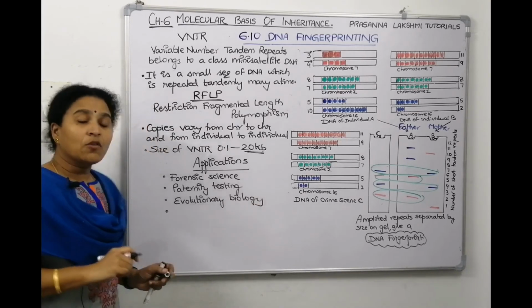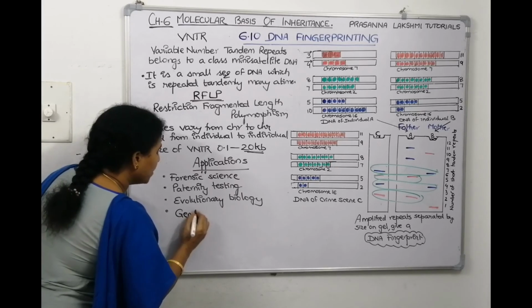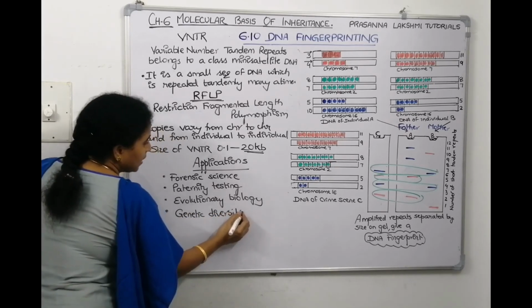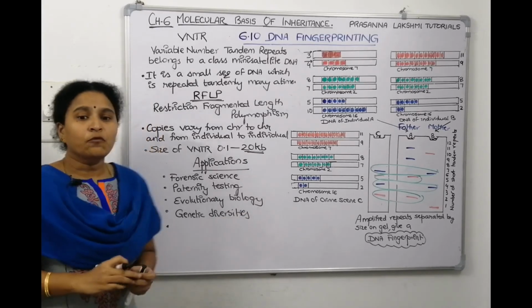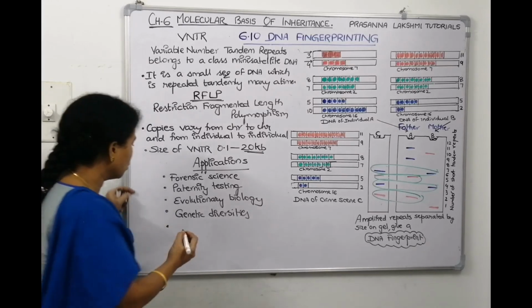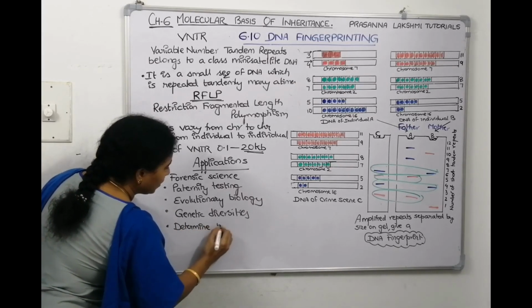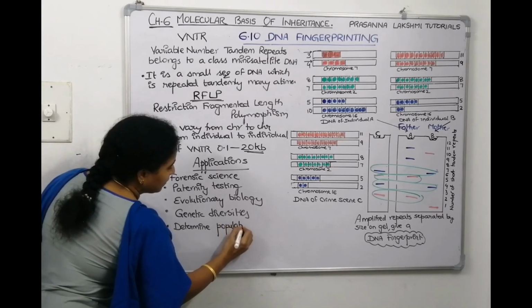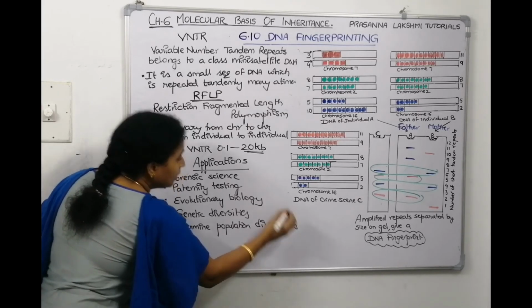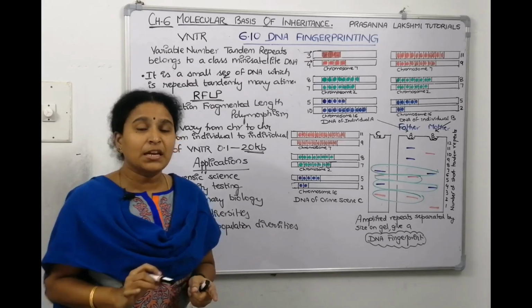And to find out the genetic diversities, we can use it from population to population, and to determine the population diversities also. All these are the applications of DNA fingerprinting.